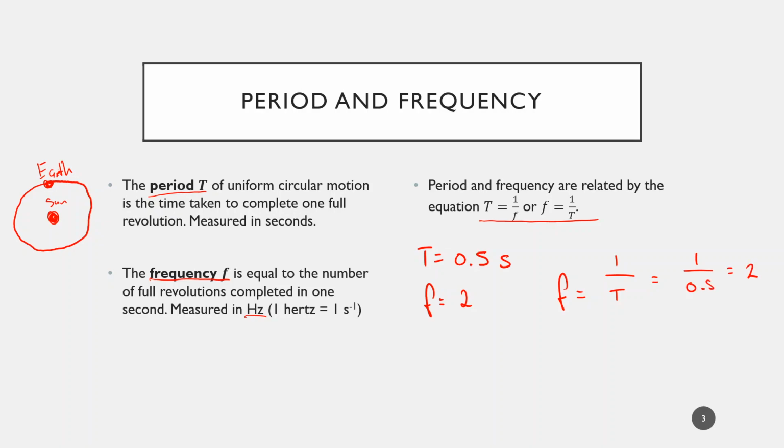And it works the other way as well. If I know the frequency and I want to work out the period, I do 1 divided by the frequency. Using the example just given, 1 divided by 2 is 0.5 seconds. So that's period, the time it takes for an object to complete one revolution, and the frequency is the number of revolutions completed in 1 second.